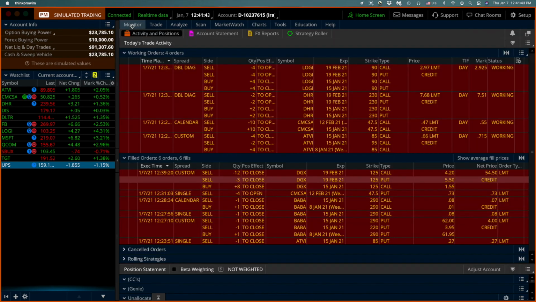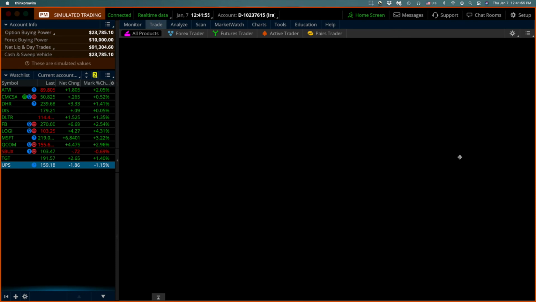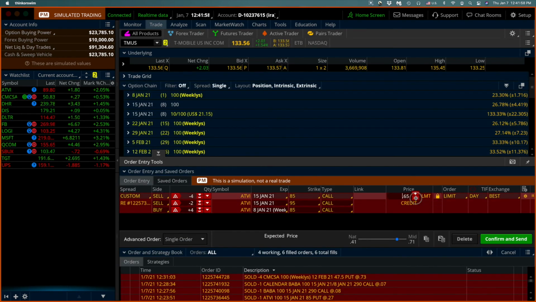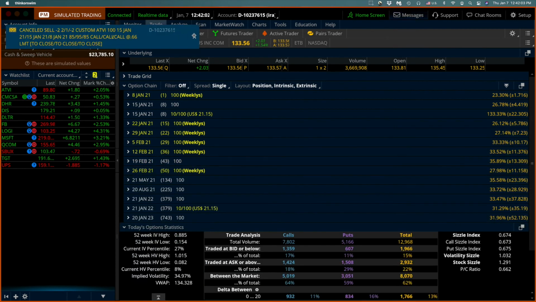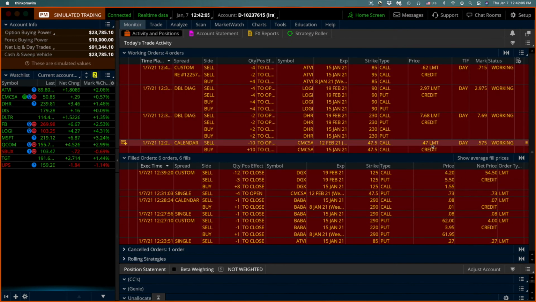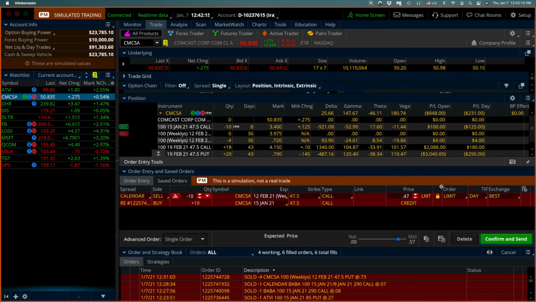Let's go to the monitor tab and adjust my prices here to make sure that they get filled. ATVI, just cancel replace, lower it just a bit, 3 to 5 points. This is a rollover here, CMCSA, that's Comcast. Cancel replace, 1, 2, 3, 4, 5.